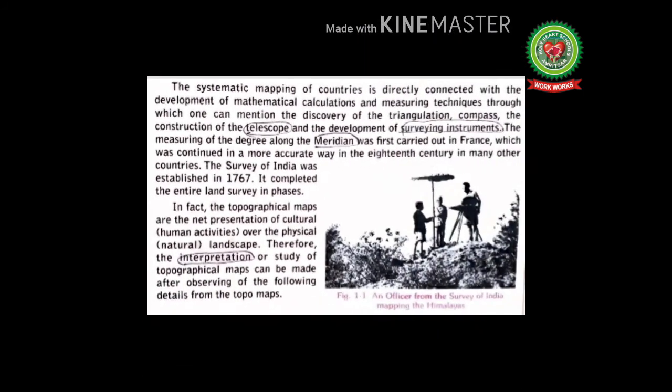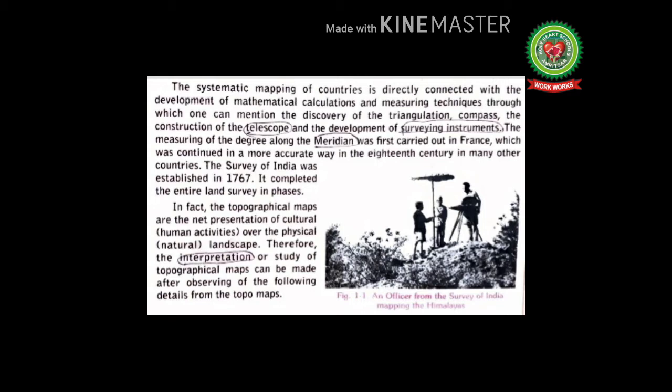The systematic mapping of countries is directly connected with the development of mathematical calculations and measuring techniques, among which one can mention the discovery of the triangulation, the compass, the construction of the telescope and the development of surveying instruments.